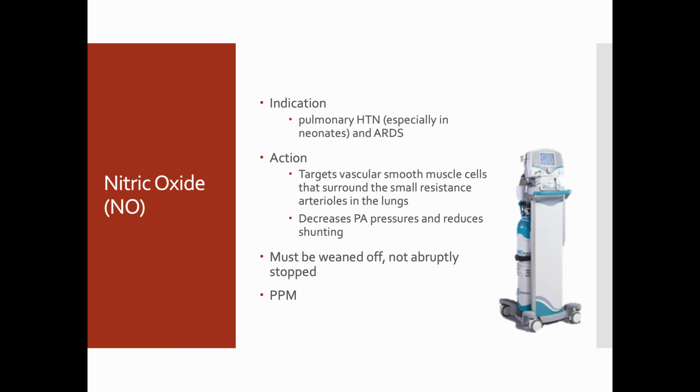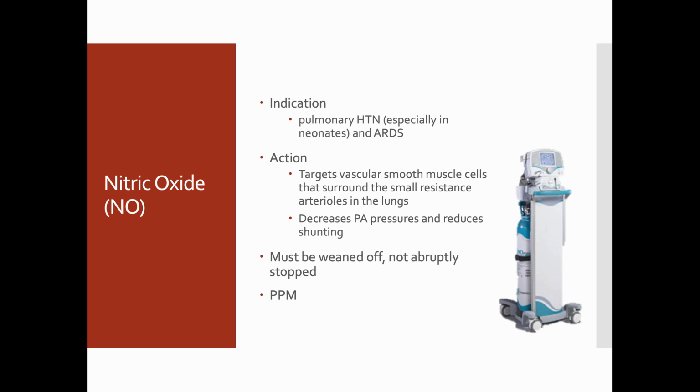Another important thing that we use is nitric oxide, not nitrous oxide. That's the stuff that you get at the dentist office and makes you stoned and you can't drive home, right? Nitric oxide is what's released by the vascular endothelium, and that causes relaxation of the vascular smooth muscle.